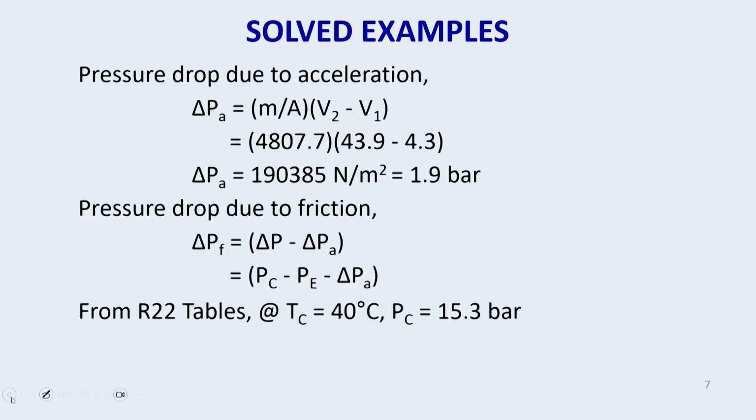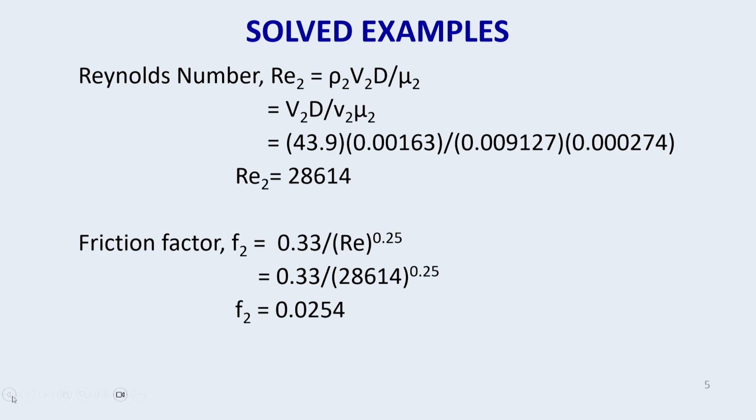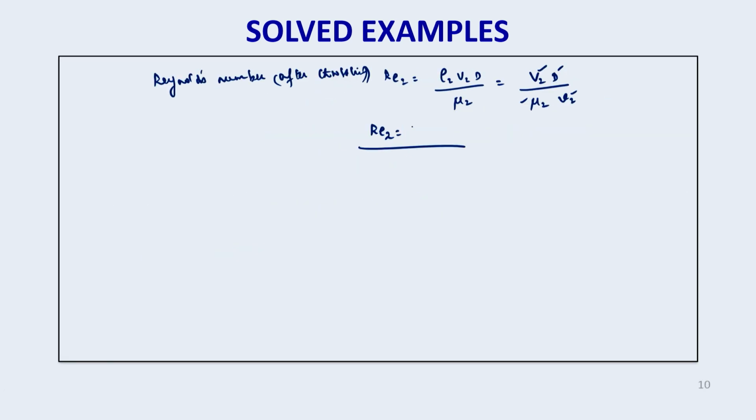So it will come to 28,614. Once we know the Reynolds number, we can find out the friction factor. So this is also after throttling, that is F2.